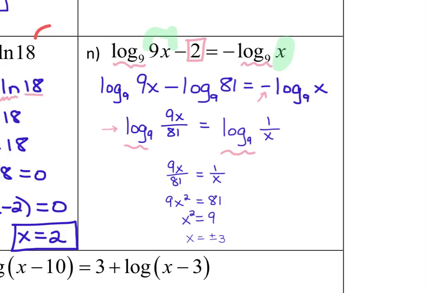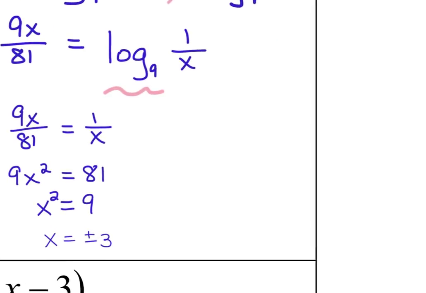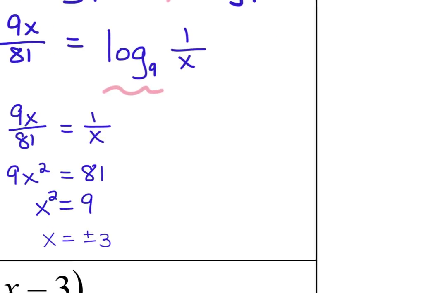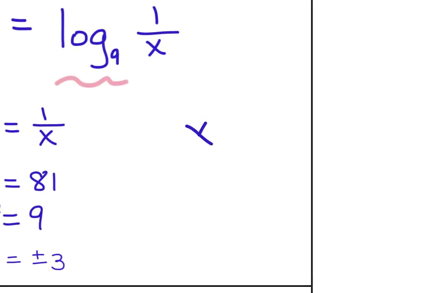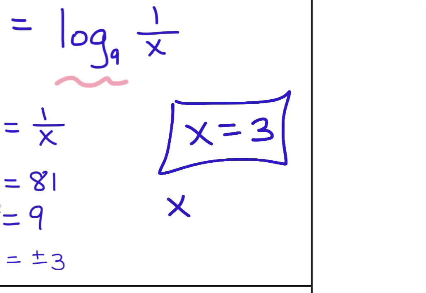Both of those numbers are fine as arguments for logarithms. But if I take the negative 3, 9 times negative 3 is negative 27, and I can't do log of negative 3 either. And so in this case, you want to indicate that x equals 3 is your solution, and that x equals negative 3 is extraneous.